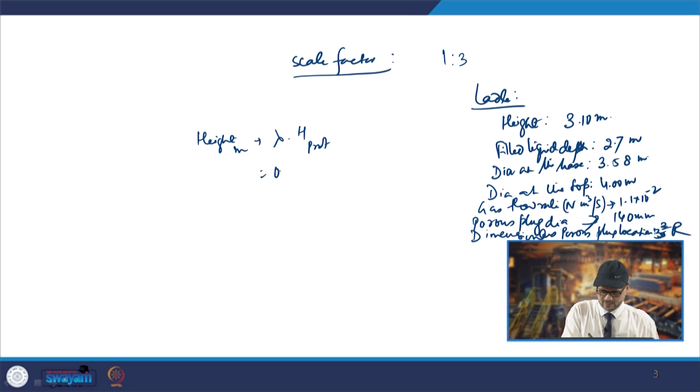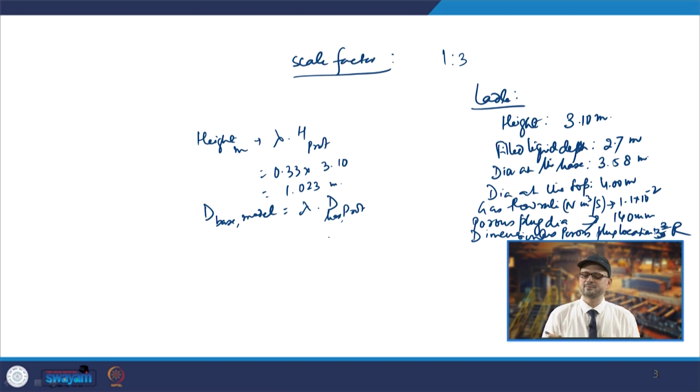So it will be 0.33 multiplied by 3.10, or 1/3 of 3.1, which is about 1.023 meter. For the diameter at the base of the model, you again calculate lambda times the diameter of the prototype at the base.